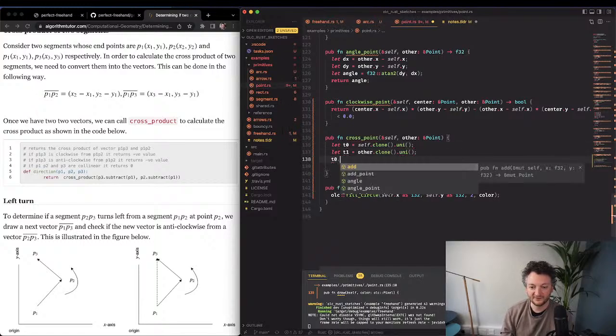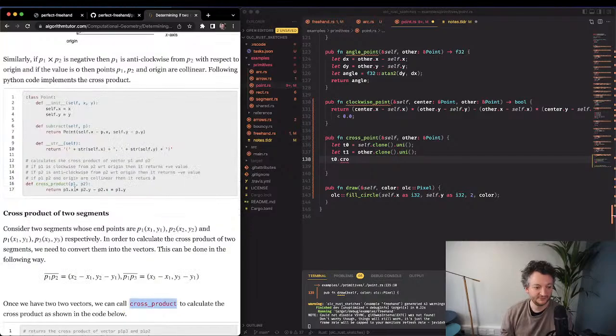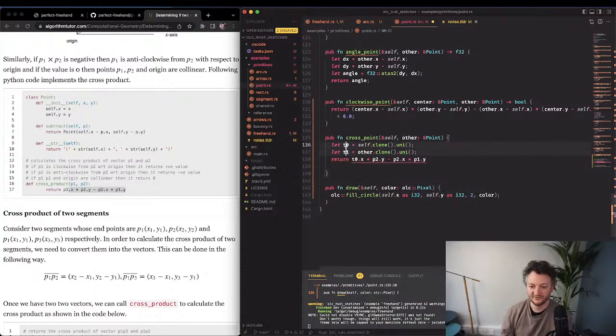And then t0 dot, well, hold on a second. Yeah. I'll just use p instead of t. p0, 0, p1, 1, 0. I want this to give back a float 32.